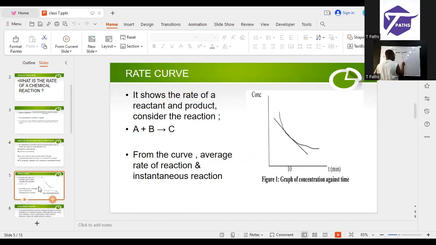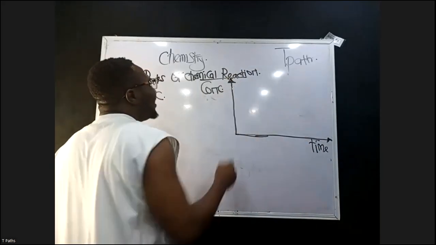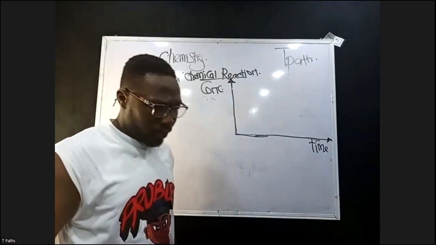If I have the graph of concentration against time, this is what is called the rate curve. We believe something, guys, that the reactants A and B get used up in the reaction.